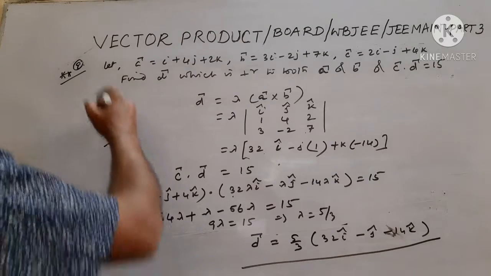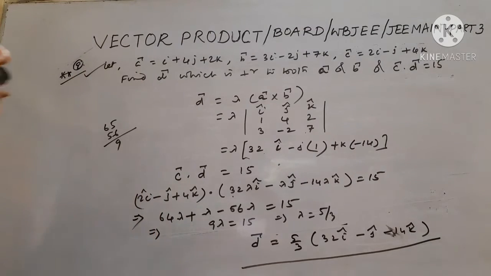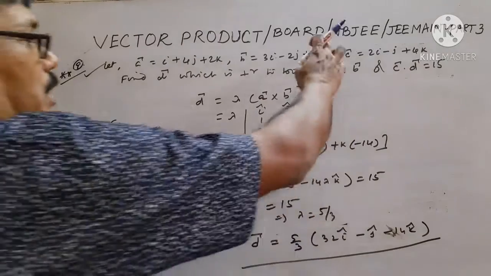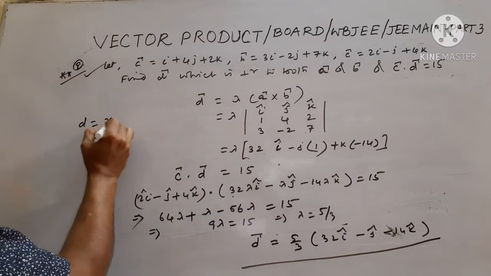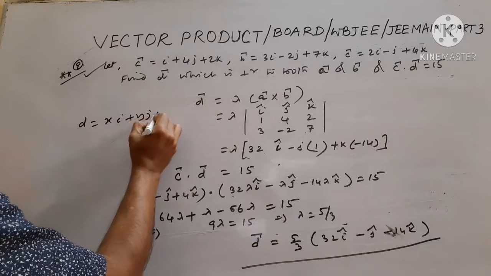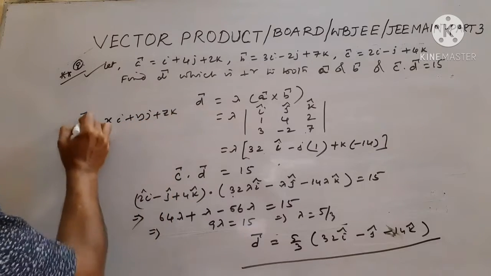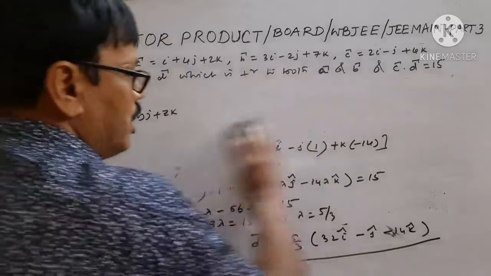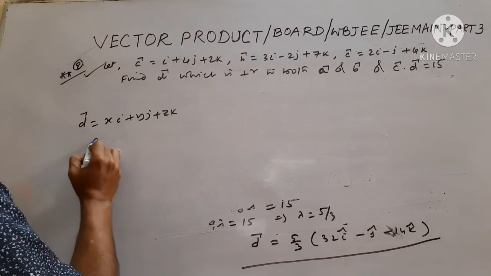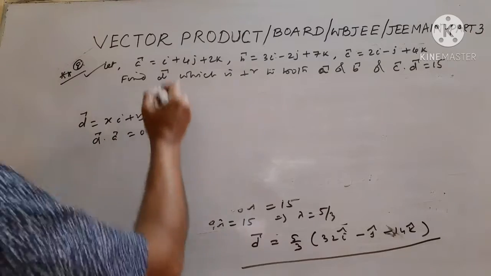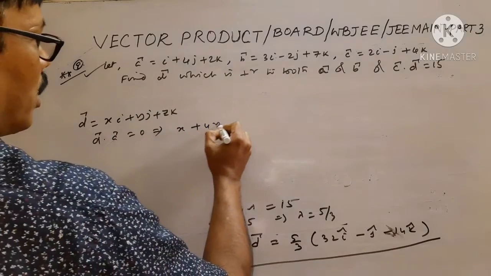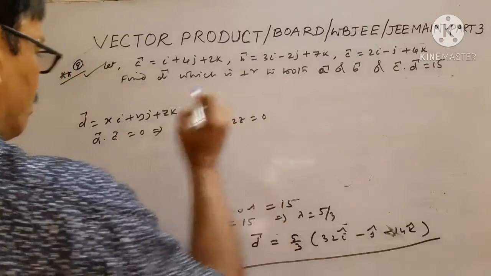So you can also use an alternative method. D is perpendicular to A, so you can take D equals xi plus yj plus zk. D dot A equals 0, so you get a relation: x plus 4y plus 2z equals 0.